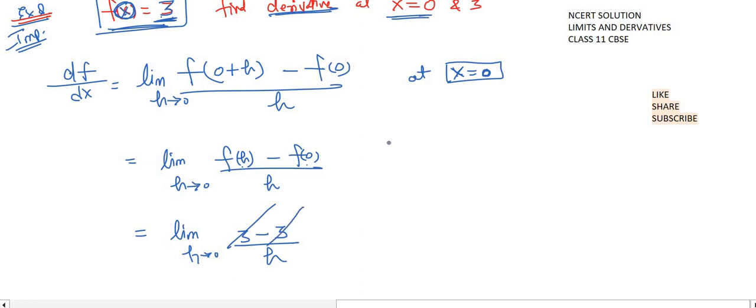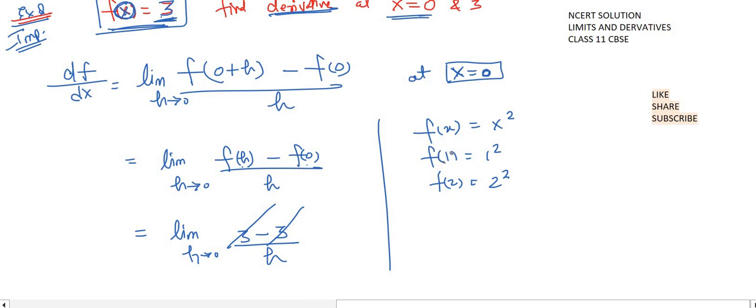See here, suppose f of x is x square. Then f of 1 is 1 square, correct? f of 2 is 2 square, like that. Whatever value is given, we keep on putting and calculate, right?